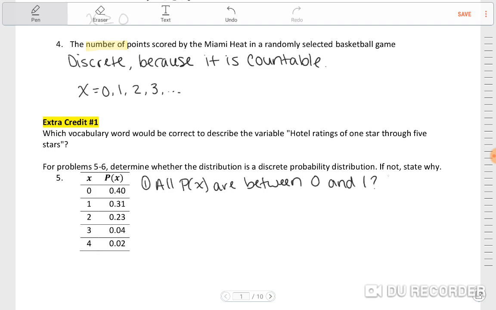The answer is yes. And then the second thing, all probabilities add up to 1. And the answer to that is yes, they do. Of course, you would just put that in your calculator and add them up. So if both of those are yeses, then you would say that this is a discrete probability distribution.